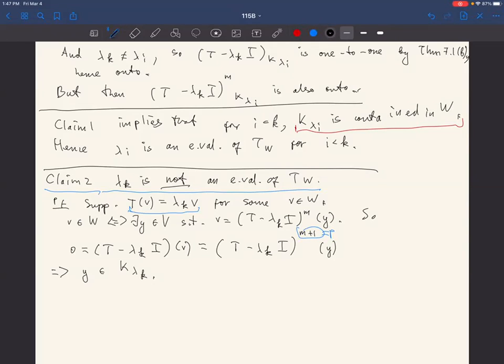But by theorem 7-2b, this implies that V equals (T minus lambda k I) to the power M of Y, which is equal to 0. So we get that V is not an eigenvalue of TW.